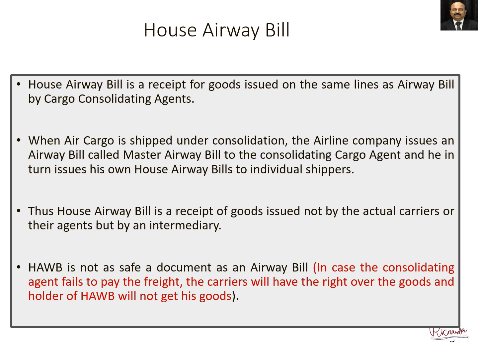So again, a house airway bill has the same risk as we saw in a freight forwarder cargo receipt, because if there is a dispute between the airlines and the cargo consolidating agent, airlines can take possession of goods, so the loss will be of the exporter. So banks don't accept a house airway bill unless it is specifically permitted to be accepted in the LC.